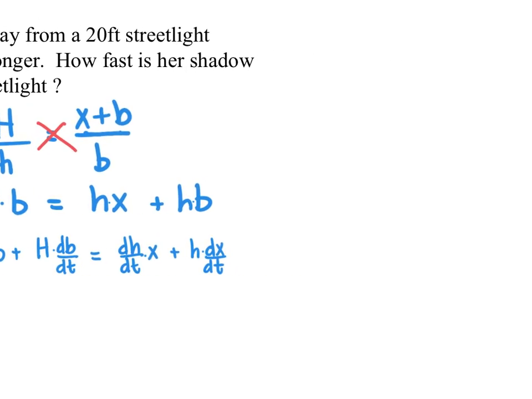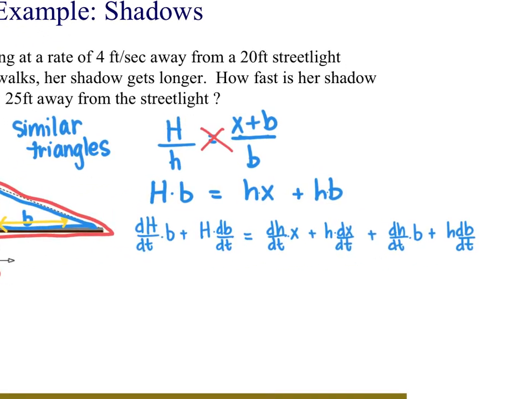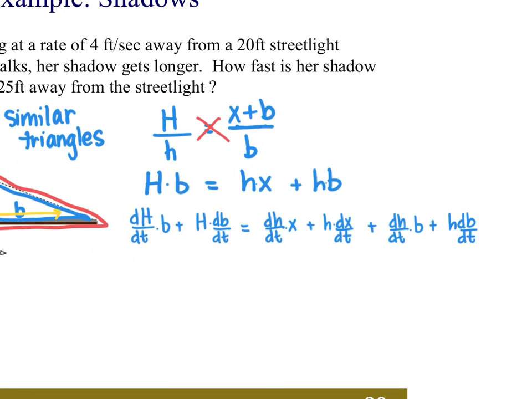And then the last product rule would be dh/dt times little b, and then finally little h times db/dt. So we've got a lot of calculus going on there.